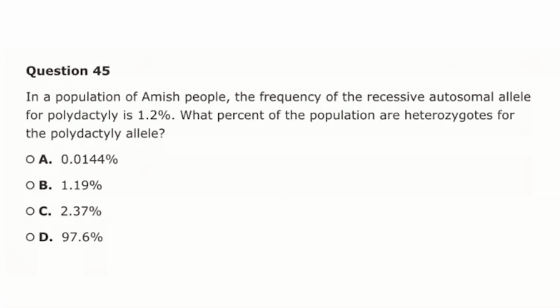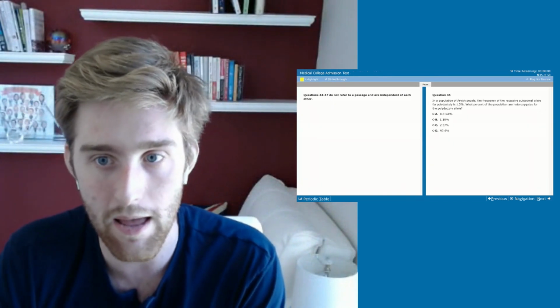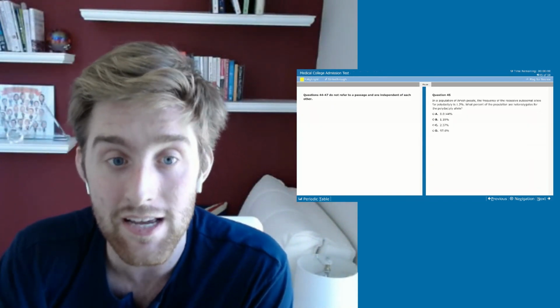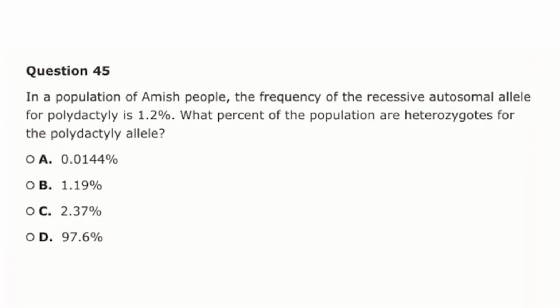I like this question a lot because, were I taking the test, you can solve this with a bunch of math. The equation that describes the relationship between recessive and dominant allele frequencies and percentages of the population with various genotypes is the Hardy-Weinberg equation. Were I approaching this, I'd be like, ooh, Hardy-Weinberg equation, hard work. I don't like doing math unless it's absolutely necessary.